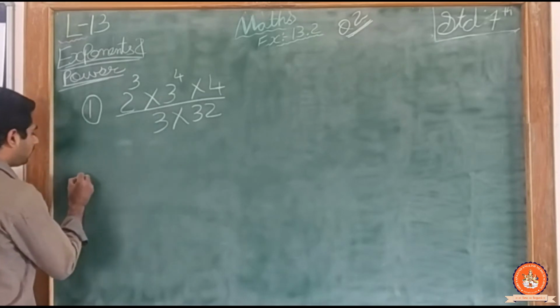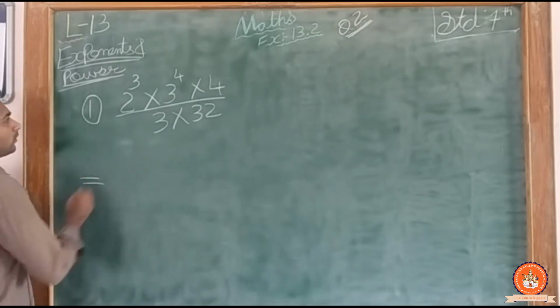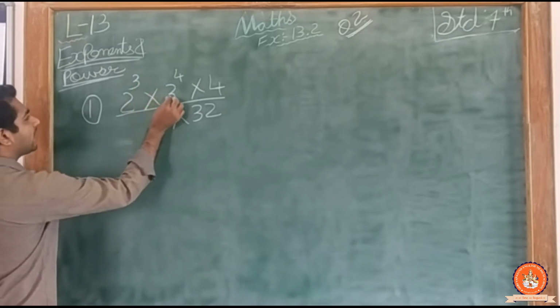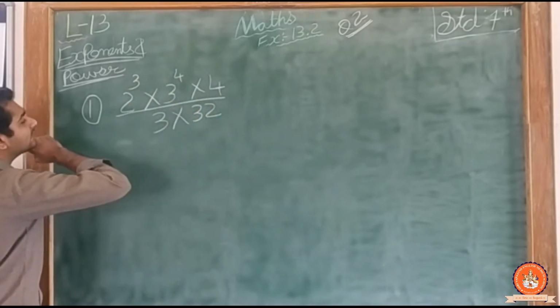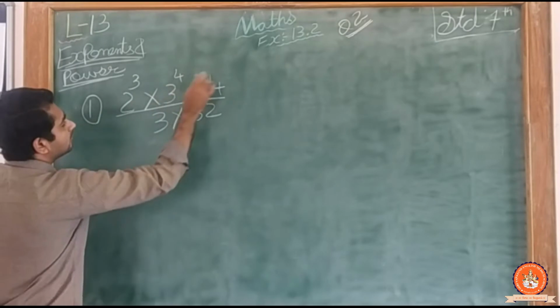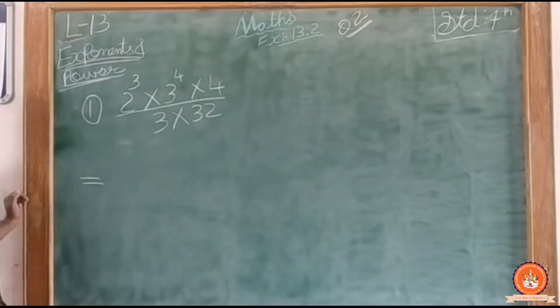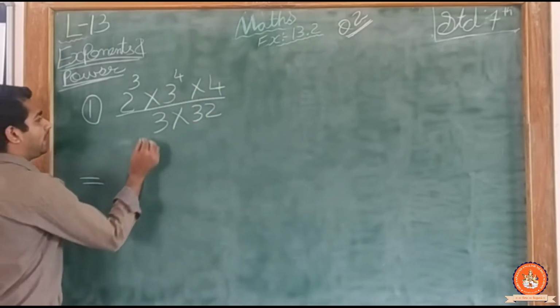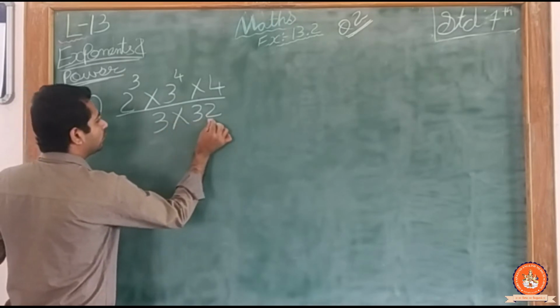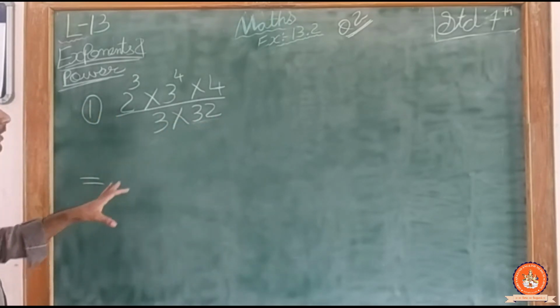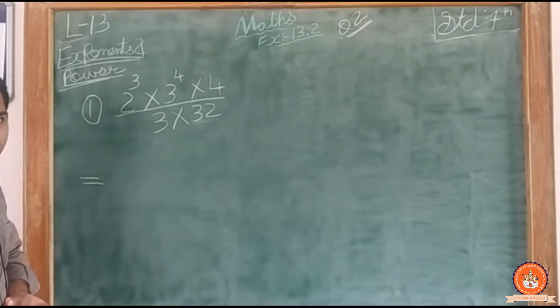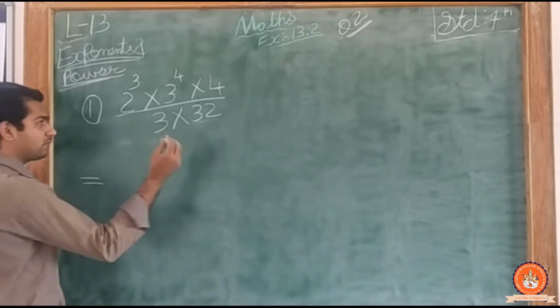So first of all, 2 cube multiply by 3 raised to 4 multiply by 4. So here it is without any exponents, okay, and divided by 3 into 32. So it is also without any exponential form. So I will convert it into simple exponential form.